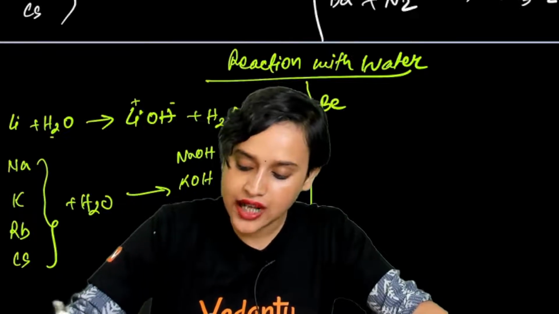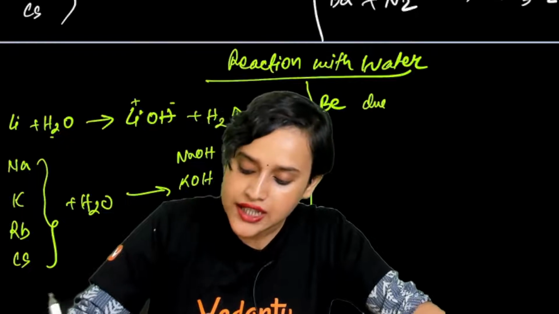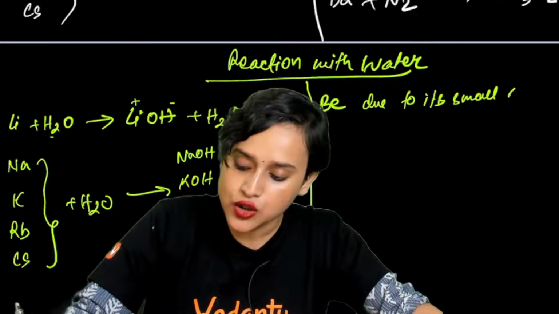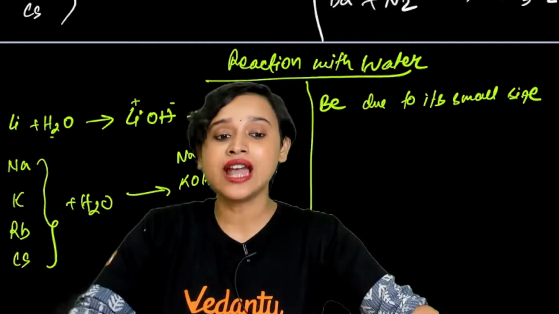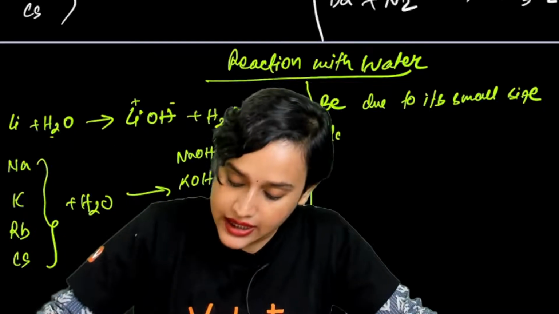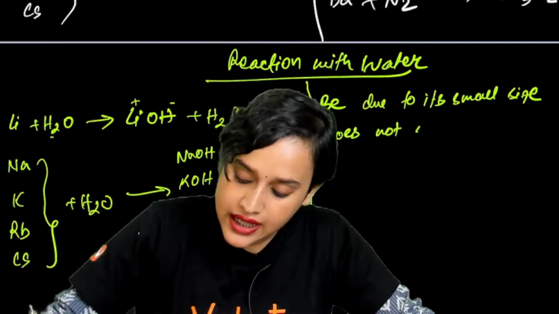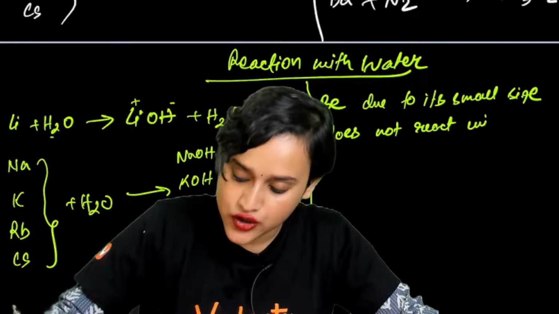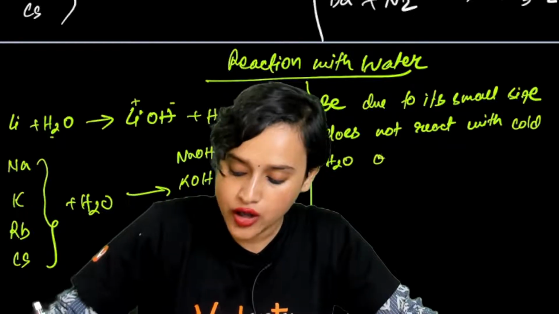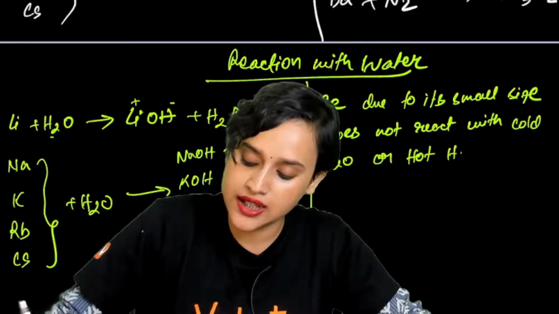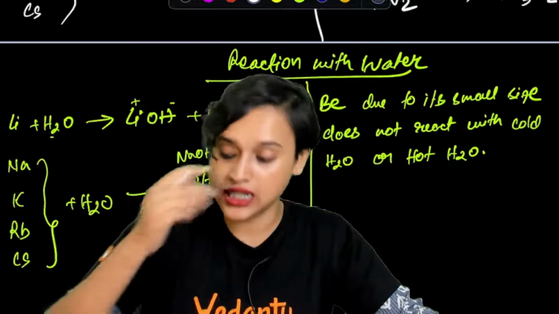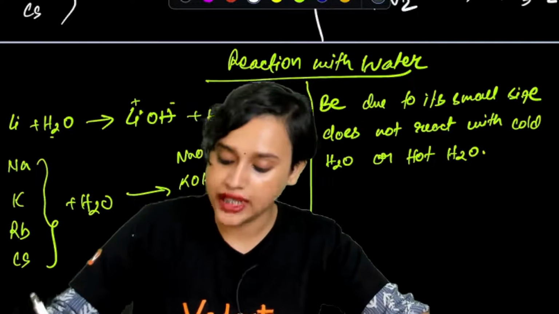Let's write that down: Be, due to its small size, does not react with cold water or hot water. Please do remember this, everybody. Beryllium hydroxide is not formed. Clear?